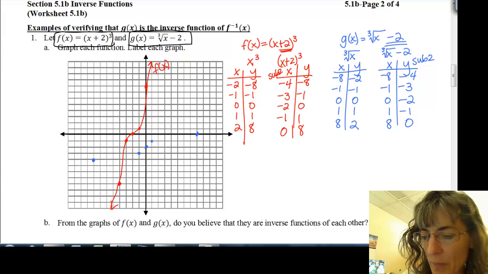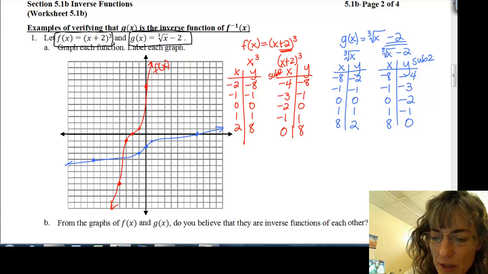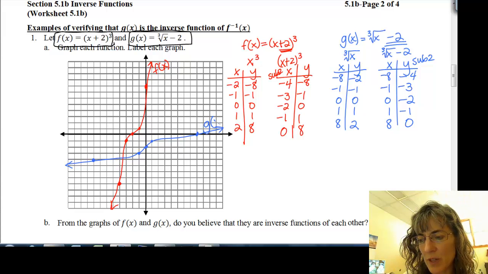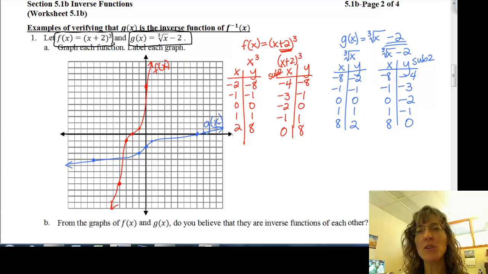There's my 0. All right. It's going just like we had for the f of x, except that it's turned on its side. So this one is my g of x. Make sure I label it so that when I'm grading anything you've done, I can tell which one you meant to be your f of x and which one was your g of x.